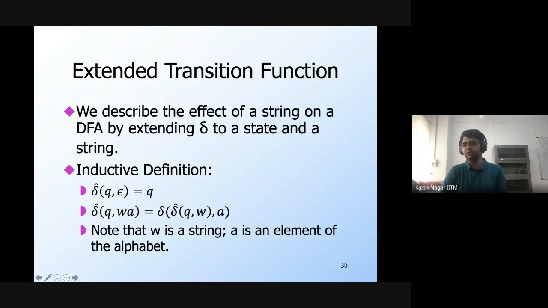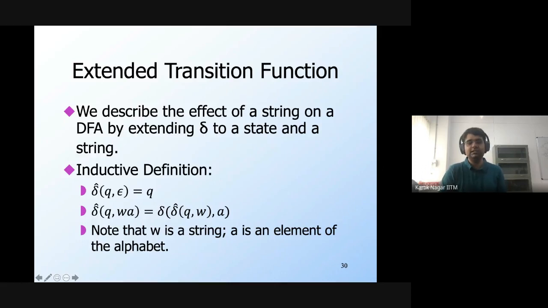Vineet is asking whether both W and A can be a string. Both of them cannot be a string. The reason is that if you look at the definition, on the right hand side, delta hat of Q comma WA is defined to be delta of delta hat of Q comma W comma A. Delta is part of the formal definition of the DFA, and this delta only takes as input a state and a symbol of the alphabet.